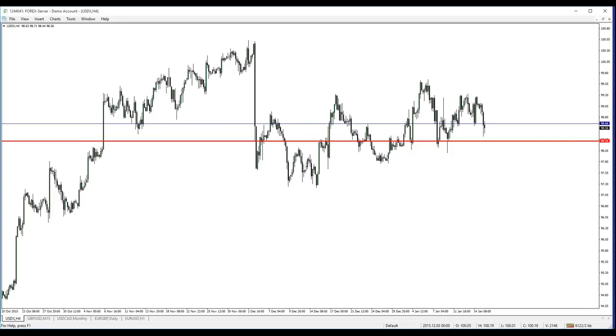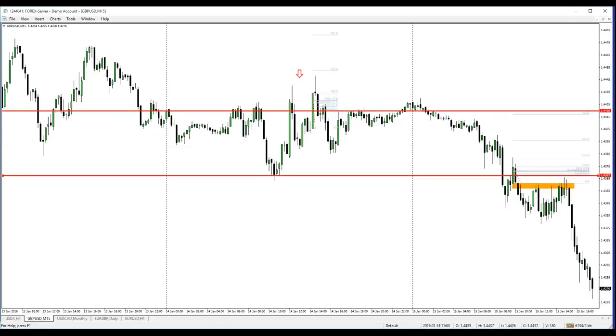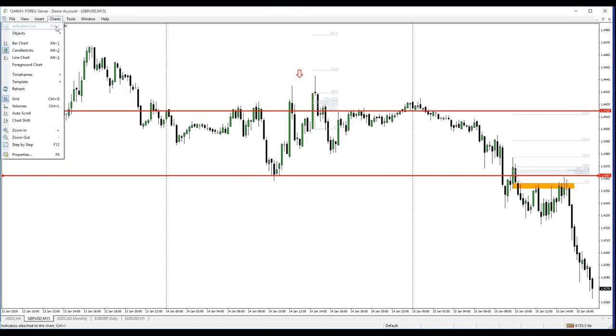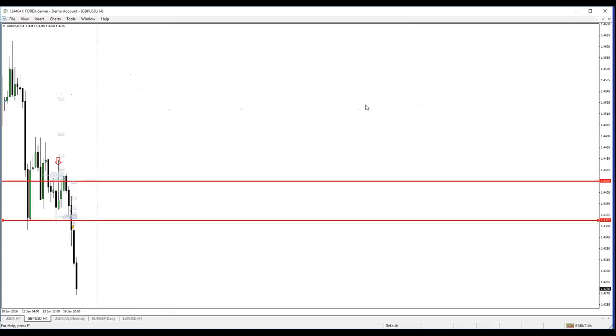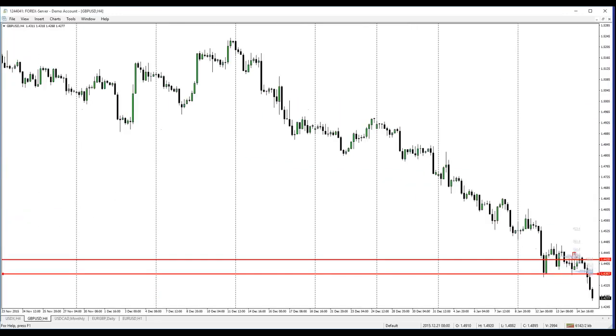In other words, like the British pound and the dollar, the British pound is going to have a lot more freedom to move versus the dollar. Like we see in the cable. Let's go over to the cable real quick. Cable is moving right along lower, continuing its primary downtrend.